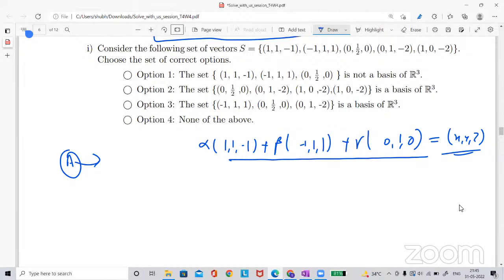After eliminating such vectors you will get a minimal spanning set. Okay, sir. I hope it is clear what I mean to say. Yes.